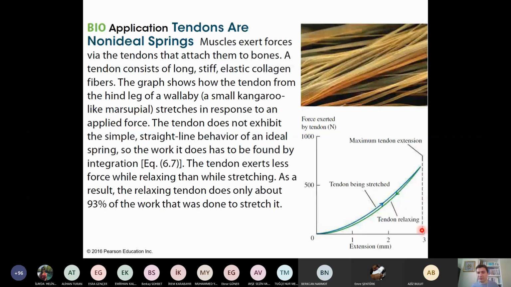So we have different forces during the stretching and relaxing, okay? Which is given here. As a result, the relaxing tendon does only about 93% of the work that was done to stretch it. So during the relaxing, it requires less work. Any question here? This is a bio-application of the springs, varying forces, let's say, and work done by varying forces.